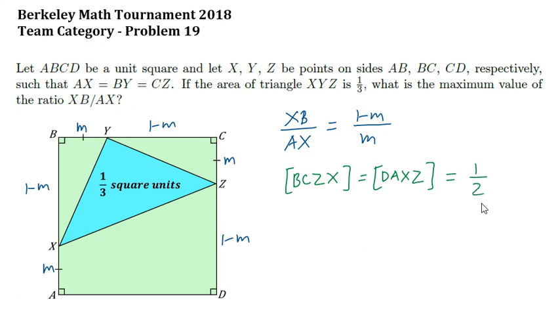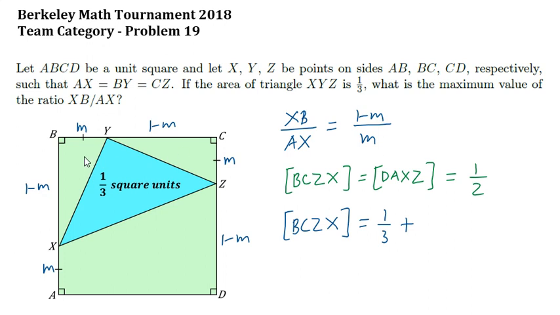Okay, now we can also write the area of trapezoid BCZX in another way. In particular, I can just add up the areas of the 3 triangles. So the area of BCZX is equal to 1/3 plus the areas of the 2 green triangles.